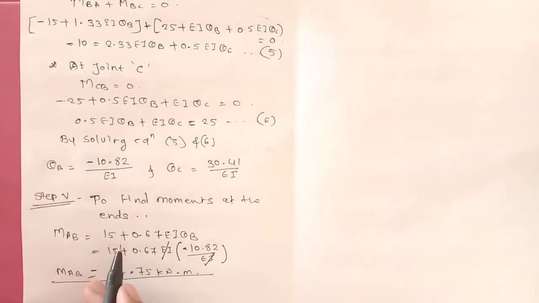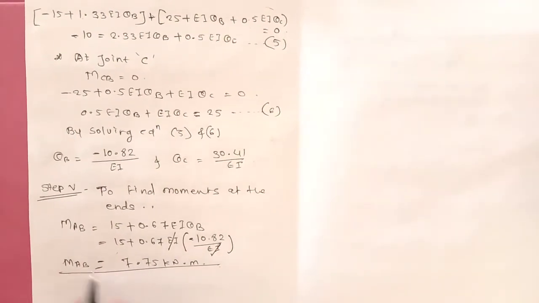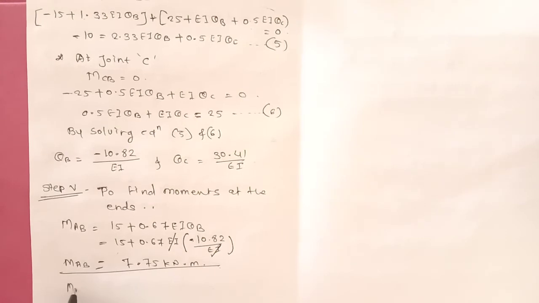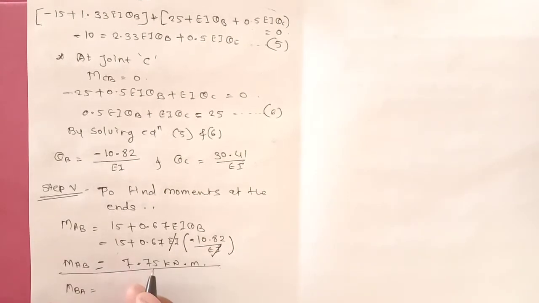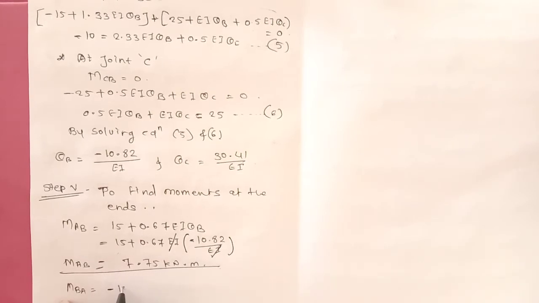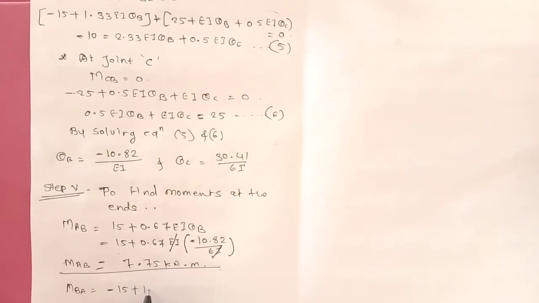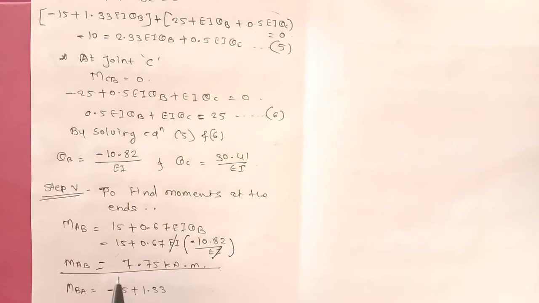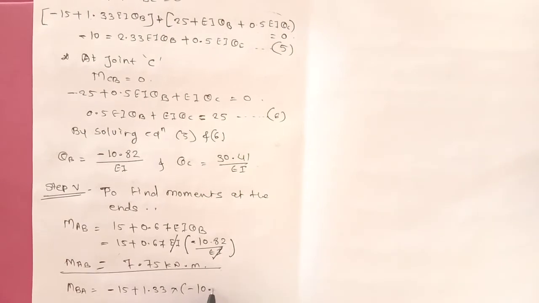Then next, solve the end moment for member BA. The equation is the second equation, that is minus 15 plus 1.33 EI theta B. So put the theta B value in this equation. The theta B value is minus 10.82.